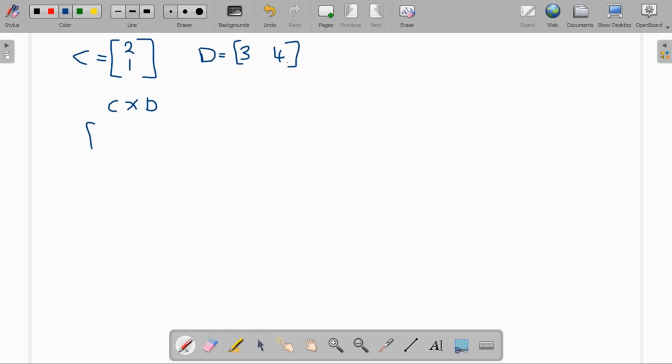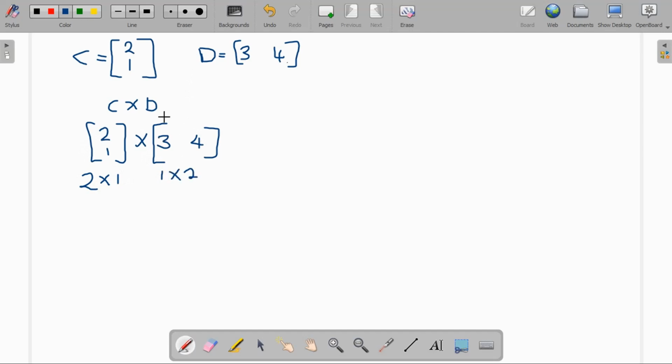So we get C, which is 2 1, matrix times, so we can put terms there, but we have to know that it's multiplication, so 3 4. That's what we have. Now for these two matrices, we're going to order them. This is a 2 by 1 matrix, and this is a 1 by 2 matrix.